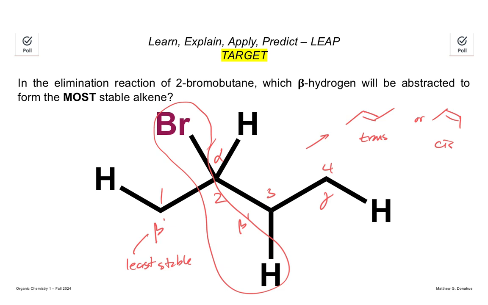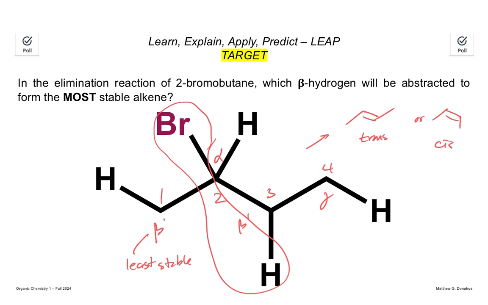So to put that in perspective, from the beta carbon, the methyl group, there's 3 hydrogens, right? It does not matter which one you abstract, because that carbon 1 is still ending up with two hydrogens.